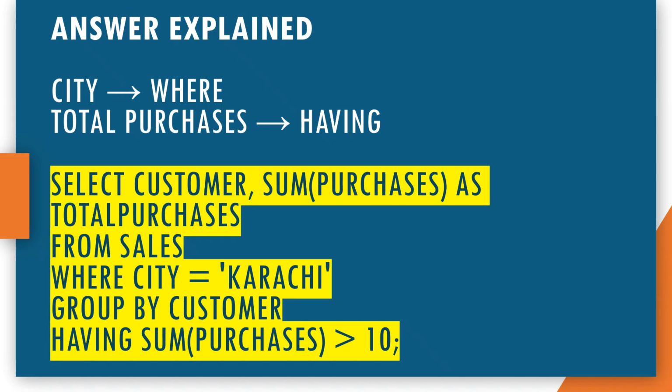Total purchases greater than 10 is an aggregated value per customer, so it goes in having. Rows filter first with where, then grouping happens, then having filters the groups. Simple logic, big impact on accuracy. City filtering is row level, so where handles that. Total purchases are aggregated, so having filters that. Combining both correctly produces accurate results. This layered approach is what makes business reporting reliable.